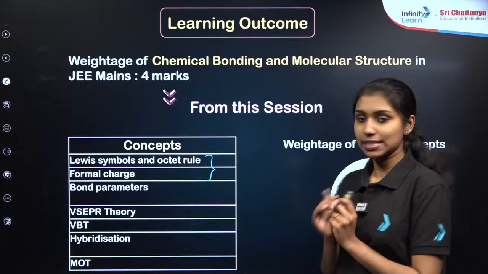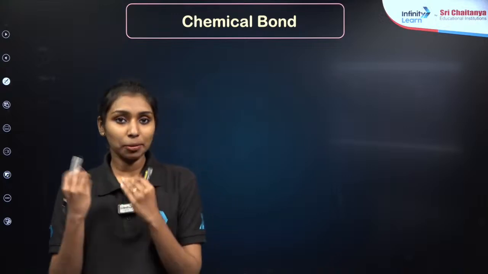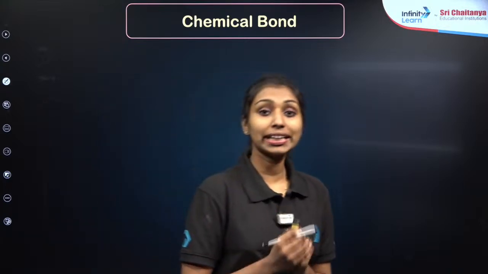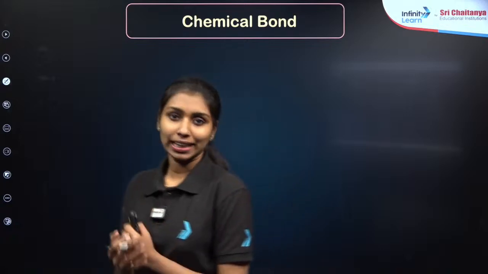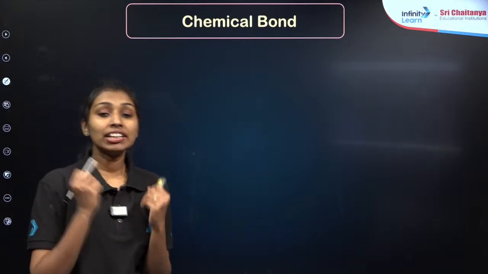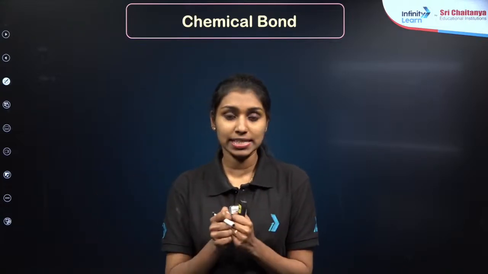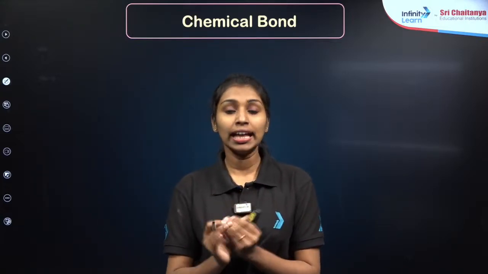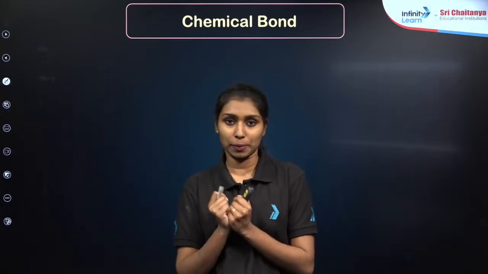Here is the first topic: what do you mean by a chemical bond? What comes to your mind whenever you hear about the chemical bond? Something related to combination, right? Whenever atoms or ions combine together, there will be attractive forces as well as repulsive forces, and the magnitude of attractive forces is very high compared to the repulsive forces.